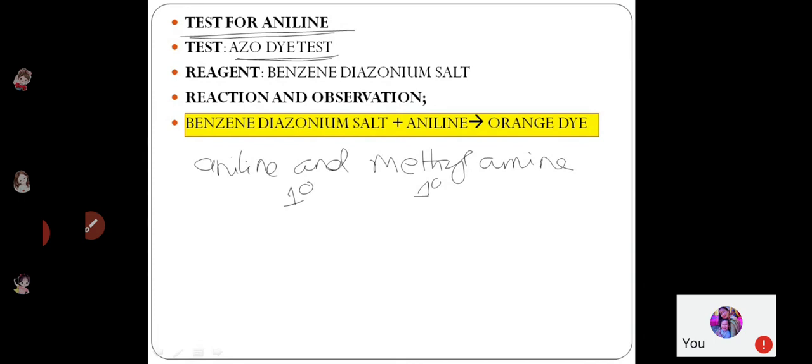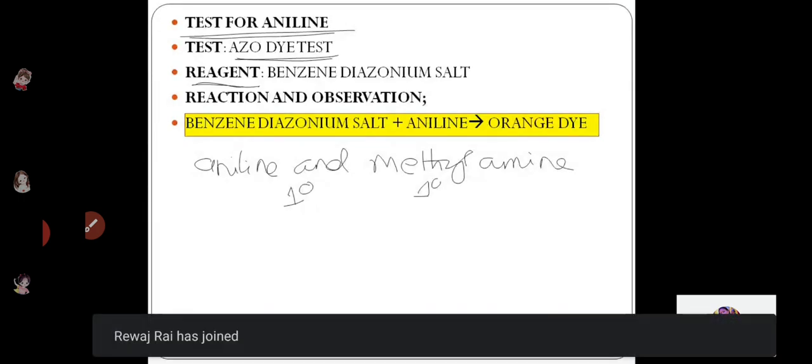What is the reagent? This you have already done. The reagent is benzene diazonium salt.